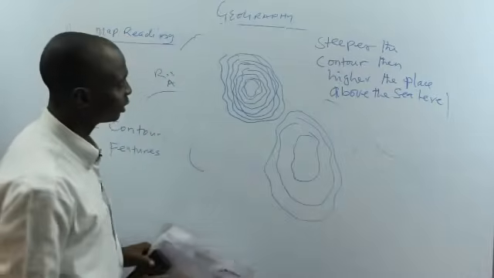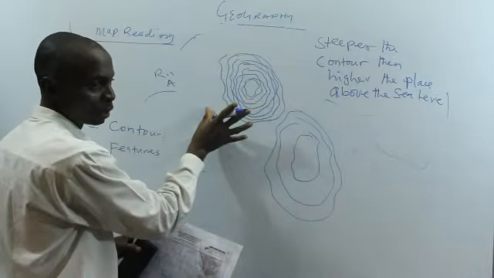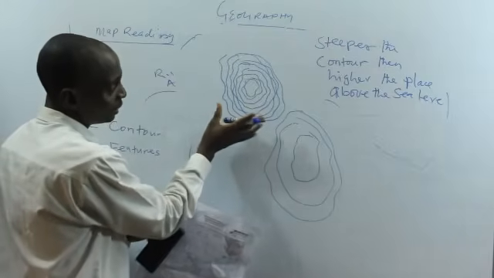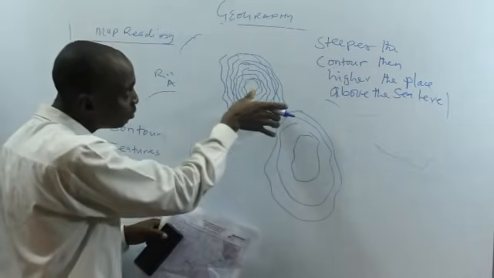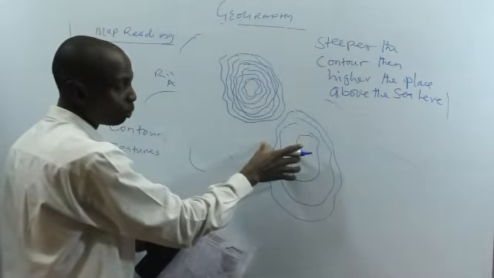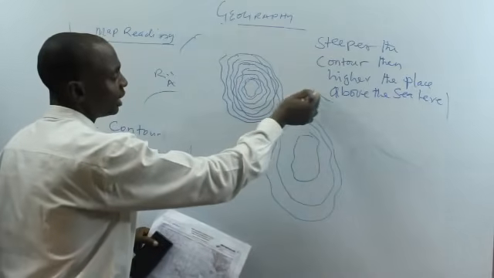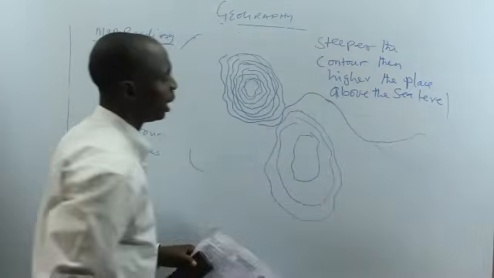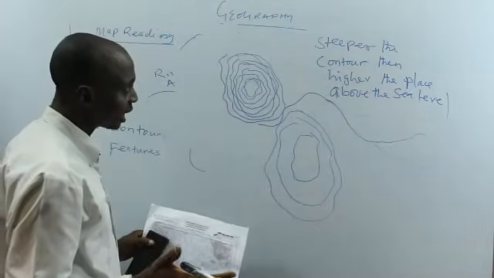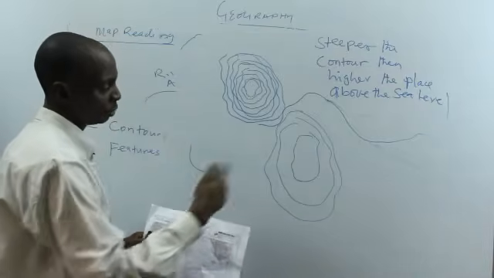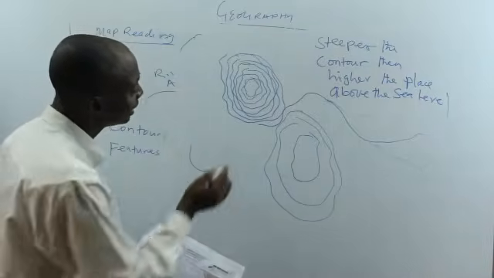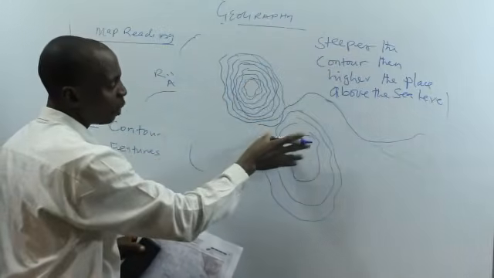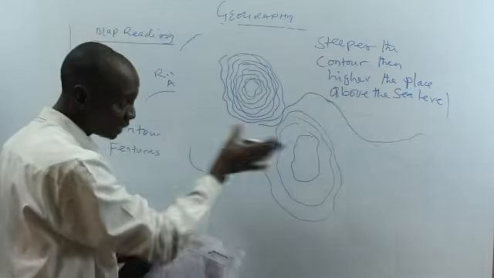What this is telling us is that this is a highland, because the contour lines here are more closely compacted. This is a steep slope, this one is a gentle slope. So if you have a river, for instance, that flows like this from here and goes down, and you are asked what is the direction of flow, use the arrow to tell us the direction of flow. You know that this place is so compacted, it's so steep. The slope here is steep, while the slope here is what? Is gentle. The same contour.